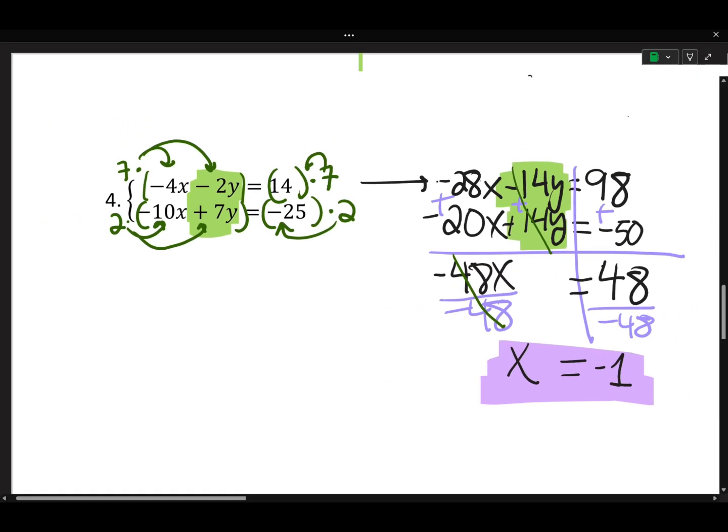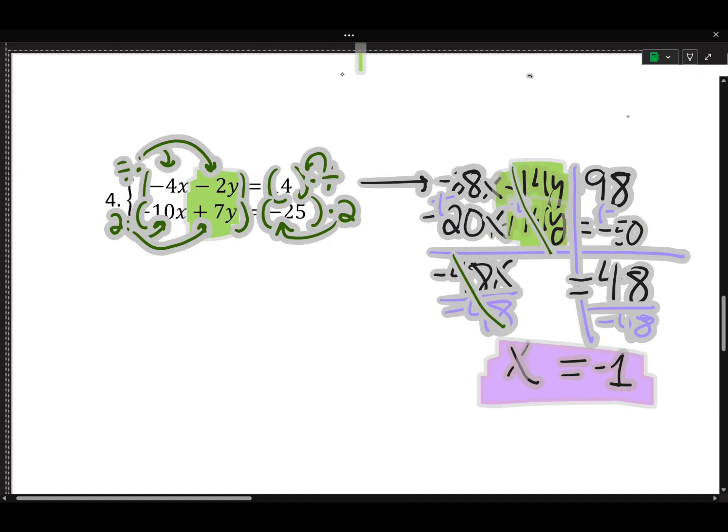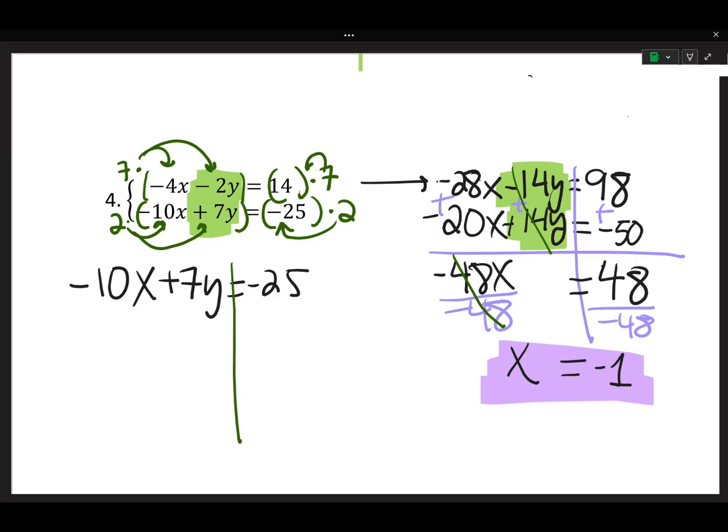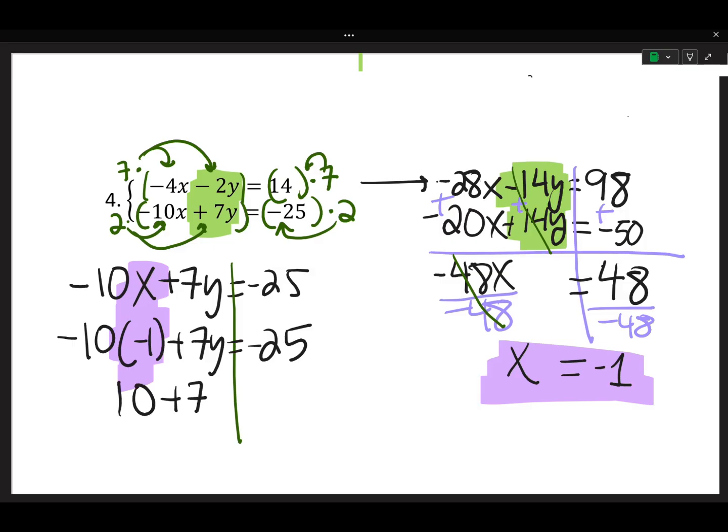And now let's plug it back in to find out what y is. I feel like using the second equation, so let's do that. Alright, so x is negative 1, so I'm going to write negative 10, substitute negative 1 in for x, and everything else stays the same. Negative 10 times negative 1 is positive 10, and everything else stays the same.